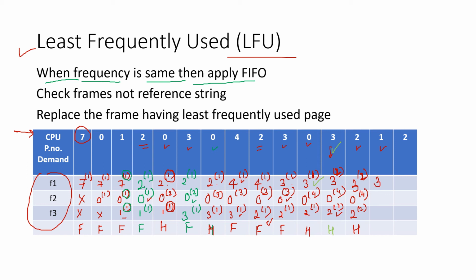I'll write 3, here 1, and this is a fault. Then next is 2. Which is the least frequently used? The least frequently used is this, right? So you write 3, 2, and this is 2.